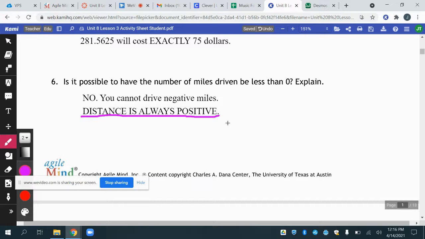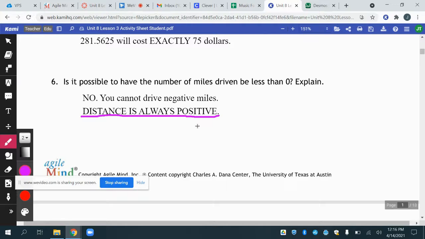Temperature can be positive or negative. However, change in temperature is always an amount. Whenever we're talking about amount of something, we don't say whether it's positive or negative. If I move 10 feet, it's 10 feet. It's not negative 10 feet. I can move 10 feet up or 10 feet down, but I'm still just moving 10 feet. Distance is always positive, okay?